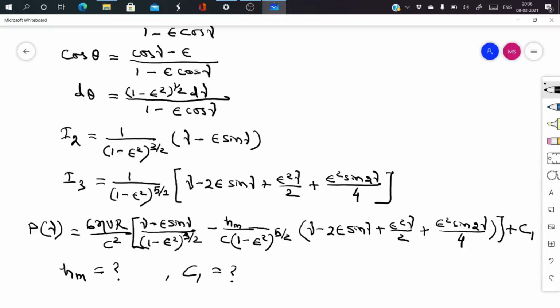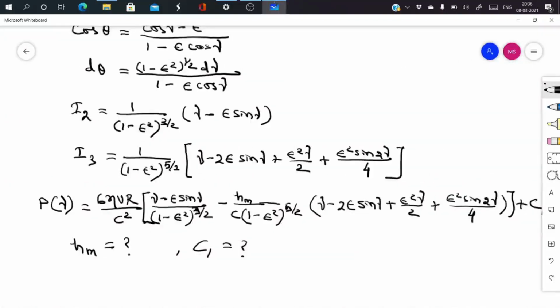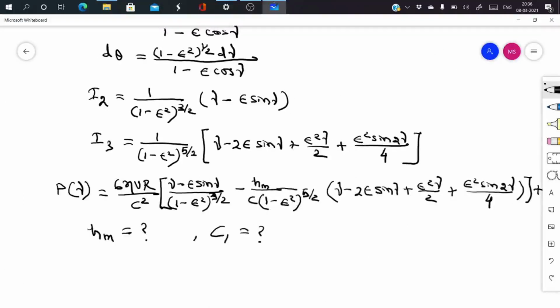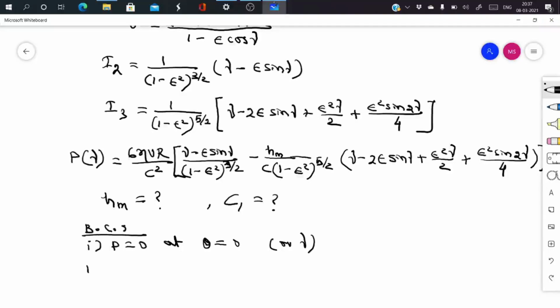Now if you see the boundary conditions, let us take something like this. First of all, P equal to 0 at theta equal to 0 in terms of theta, or in terms of gamma if you want. I am converting directly in terms of theta. P equal to 0 at theta equal to 2 pi.